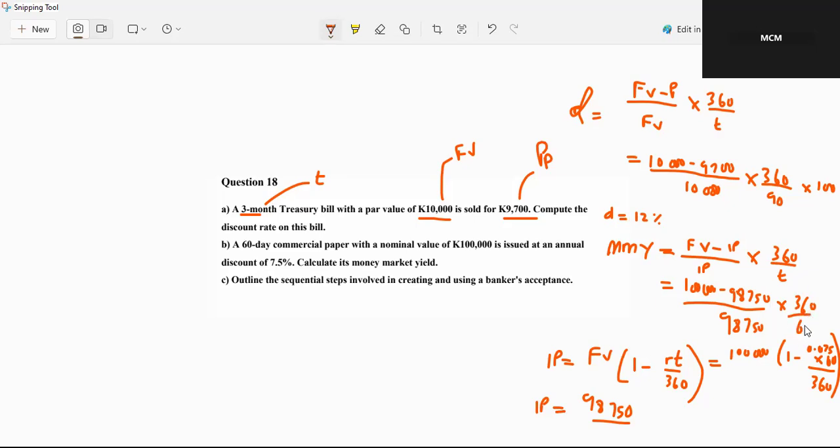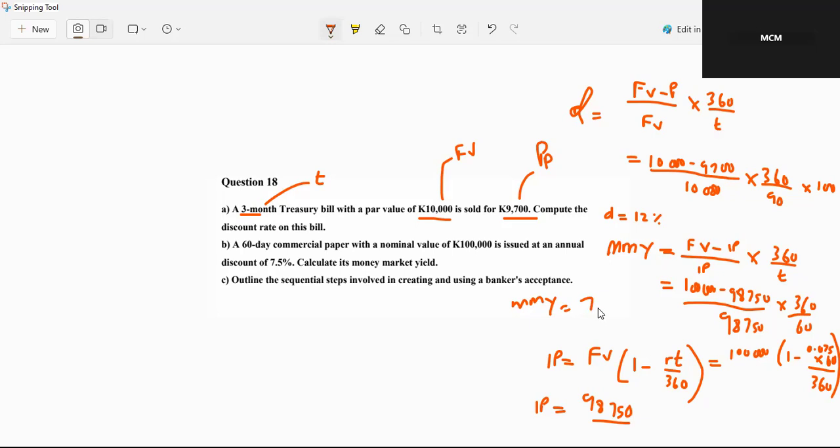If we calculate that, we get our money market yield as a percentage. You can multiply by 100 at the end. So this will give you our money market yield of 7.6%, or 7.59 to be precise.